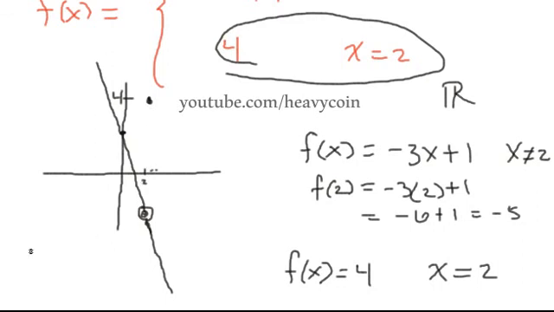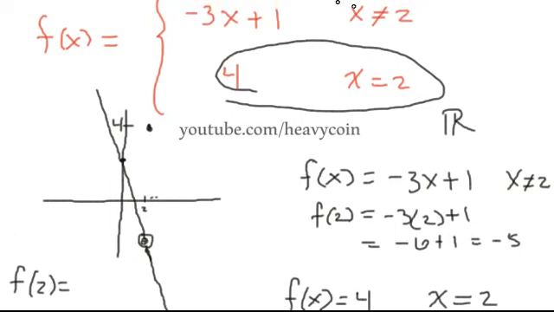In other words, in this function up here, when I say, okay, what is f of 2, you can't use this one because we're not allowed to use 2. But we can only use this one, and the only thing out is 4. What if I said f of 0?